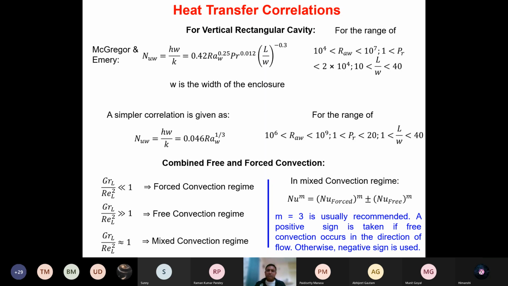For instance, if you are having pipe flow from bottom to up, there is a mechanical movement also, but at the same time, because of temperature difference, the particles can also move, isn't it? For instance, let's say I am having a pipe flow like this. This is the mechanical pump maybe we are having.